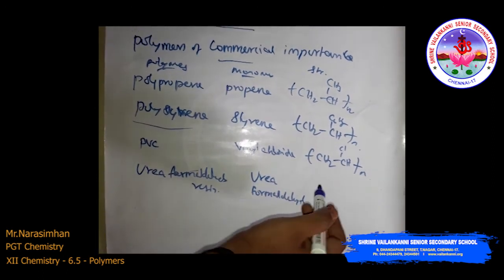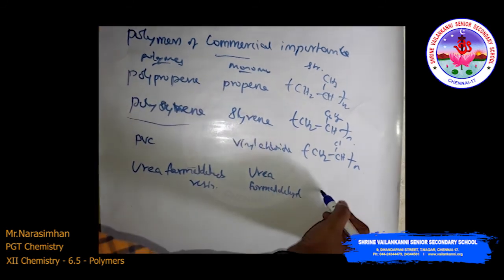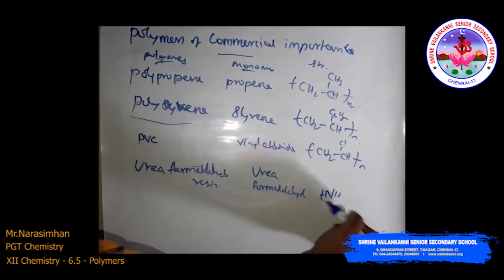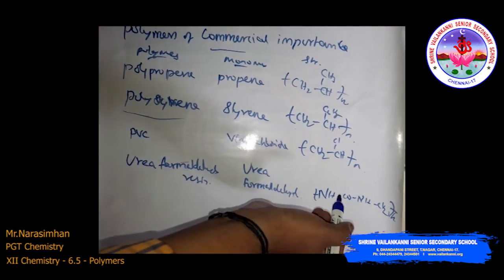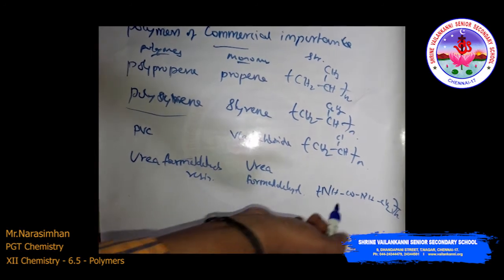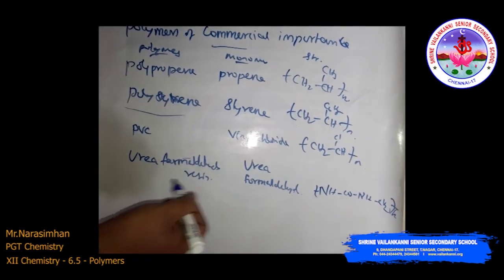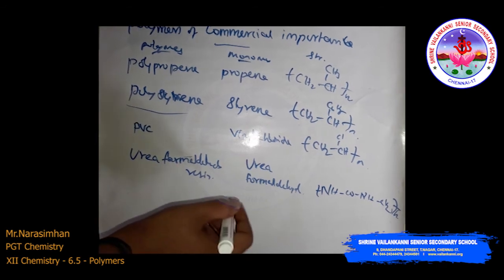The structure is like this: NHCO NH CH2, n times. This polymer is used for making unbreakable cups and laminated sheets. That is urea formaldehyde resin.